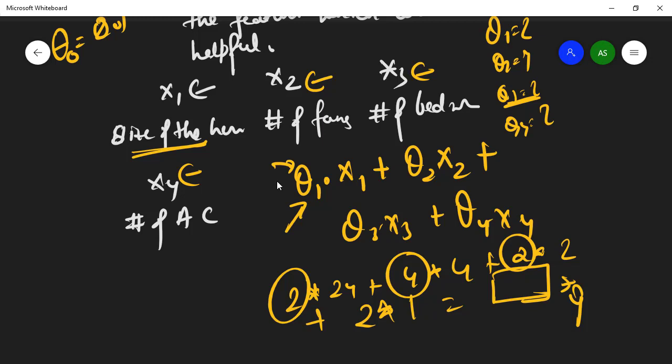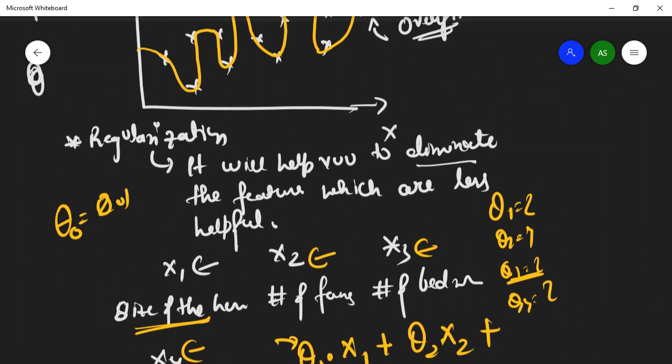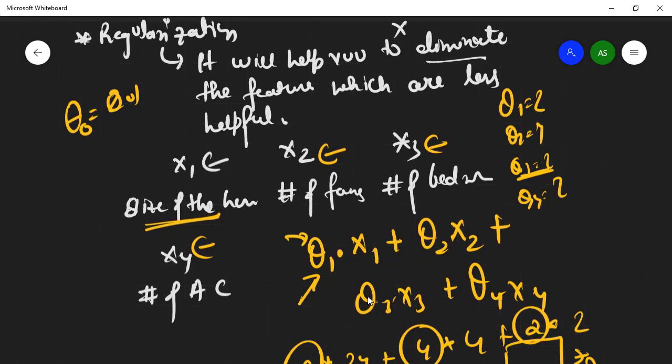If it is, then we update our old theta with the new theta. So that's what we are doing over here, and I hope you understand what I'm trying to say. These were just intuitive examples, I hope you understood what I'm trying to convey.